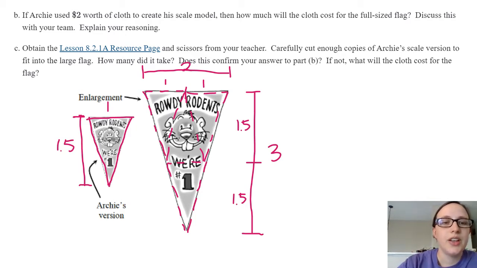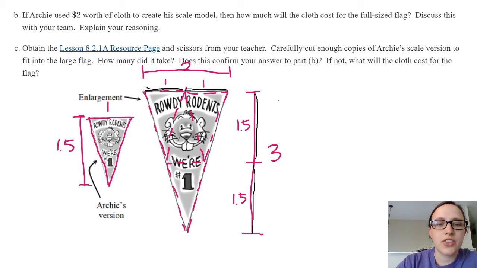So we know that the small flag is 1 by 1.5. We know the bigger flag we want to be 2 times bigger, so that would be 2 by 3. That means that we can fit 2 flags wide and 2 flags tall.